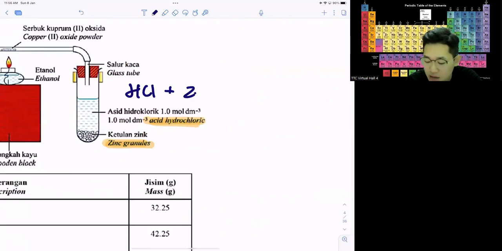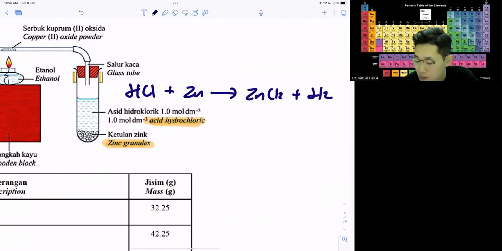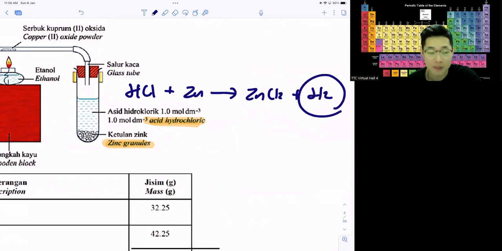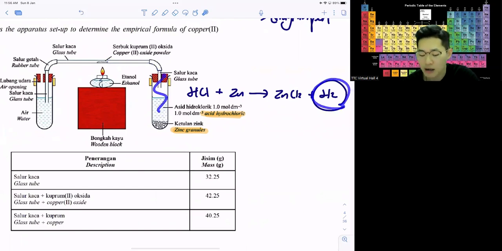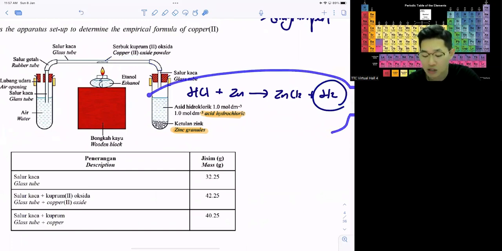So HCl reacts with zinc to produce zinc chloride plus hydrogen gas. So this hydrogen gas is the gas needed to react with the copper 2 oxide. 所以它产生的这个 H2 是为了要跟 CuO react 的.